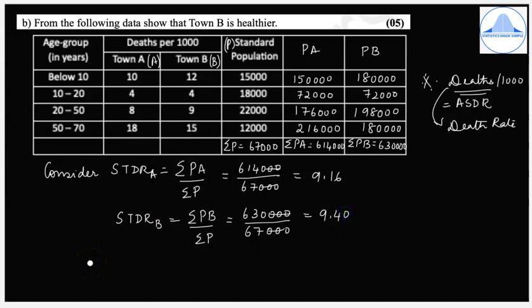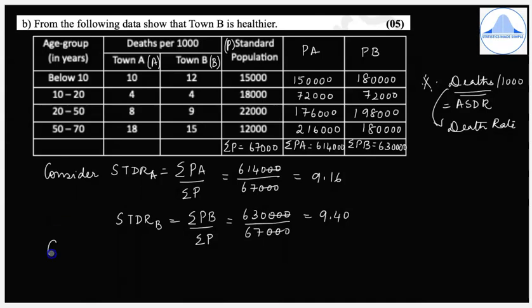Now let us write the conclusion. Actually they've asked us to show that town B is healthier. According to the calculations, we see that town A is healthier.